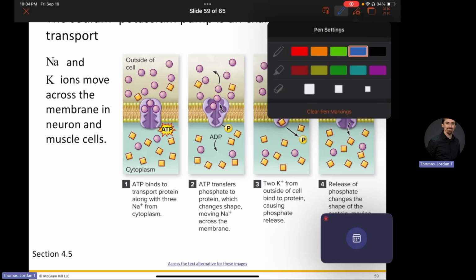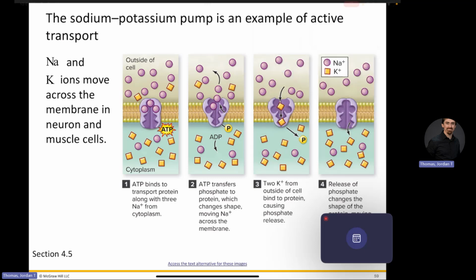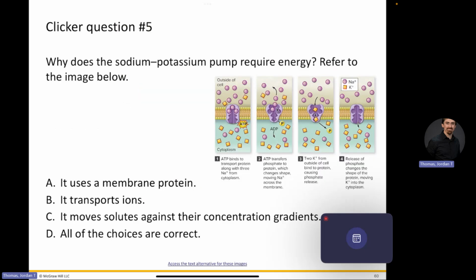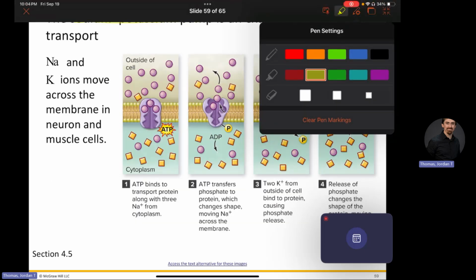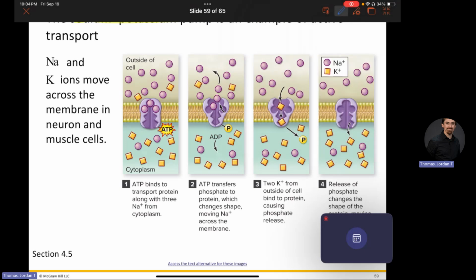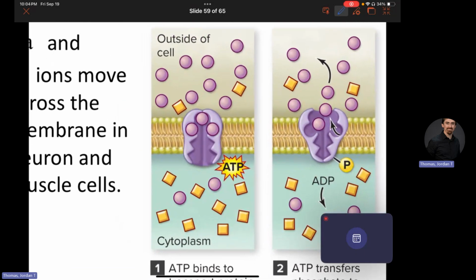A big example of the pump for active transport is the sodium potassium pump. The sodium potassium pump is a molecule that helps push sodium and potassium across the membrane against their gradient. So we can see in this example, we start in the beginning.